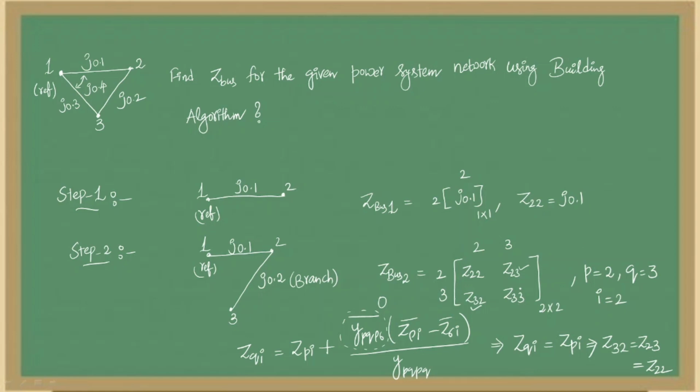Now we got the off diagonal elements. Next go for diagonal elements. What is the mathematical expression for diagonal elements? It is ZQQ is equal to ZPQ plus 1 plus YPQ rho sigma bar into Z rho Q bar minus Z sigma Q bar whole divided by YPQ.